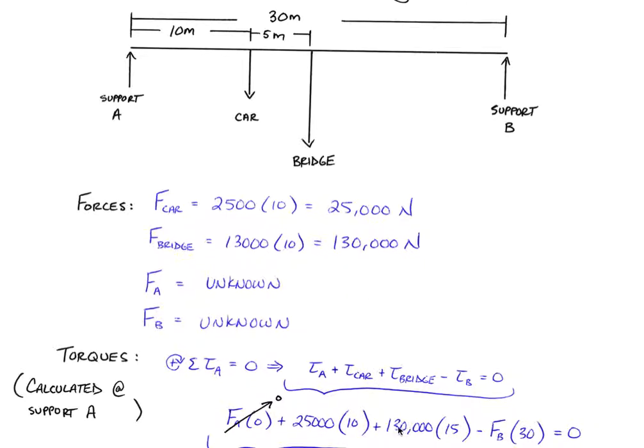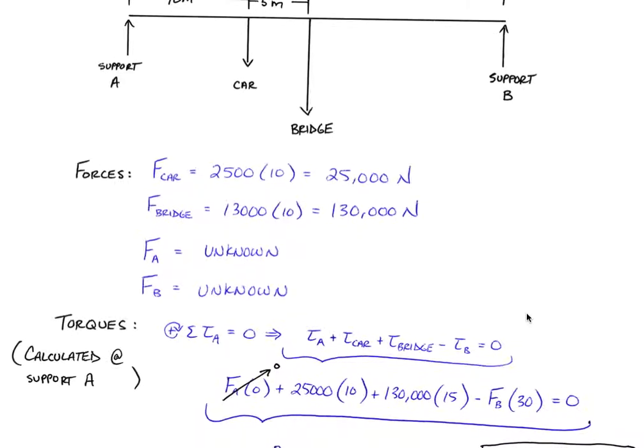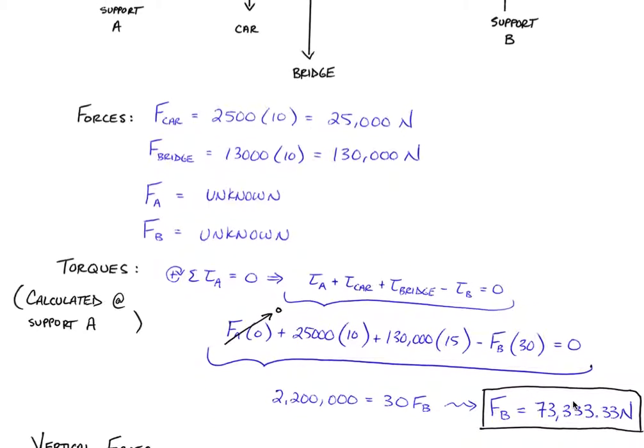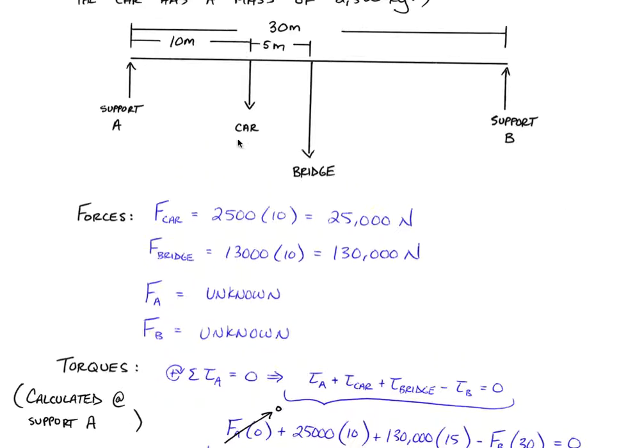The bridge, which has a force of 130,000, is located 15 meters from my reference point, support A. And I'm going to subtract, because of the negative torque, the force acting at B, which is unknown, times the 30-meter perpendicular distance. And when I set all of it equal to 0, as is required for equilibrium to exist, I can solve that out, and I'll find that the force acting at B is somewhere around 73,333.33 newtons.